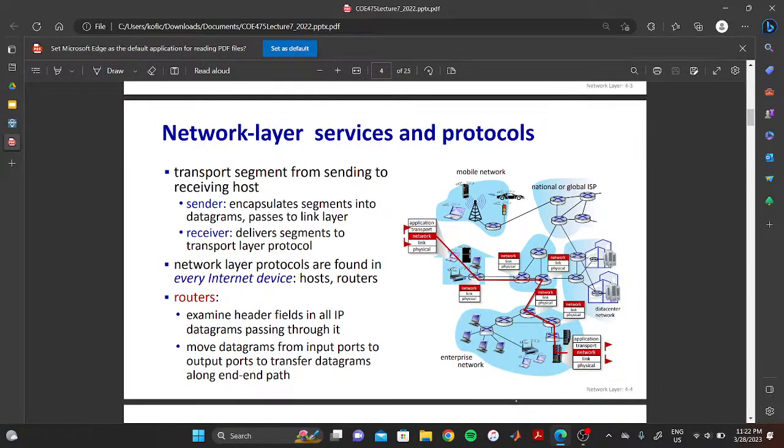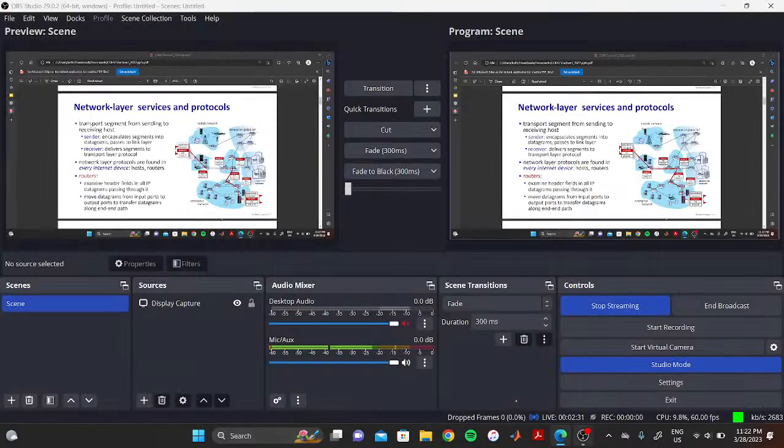First of all, we'll be talking about the data plane.